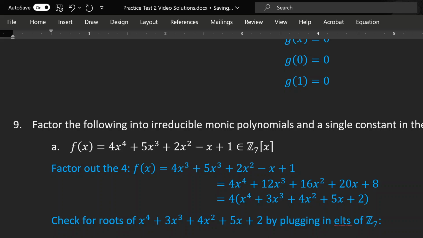I guess you guys can bring a calculator if you want. When x is 3, okay, we get 3 to the 4th, that's 81, plus 3 times 3 to the 4th again, so another 81. All right, 4 times 9, that is 36, 15, plus 2. We can reduce these individually mod 7 as well.